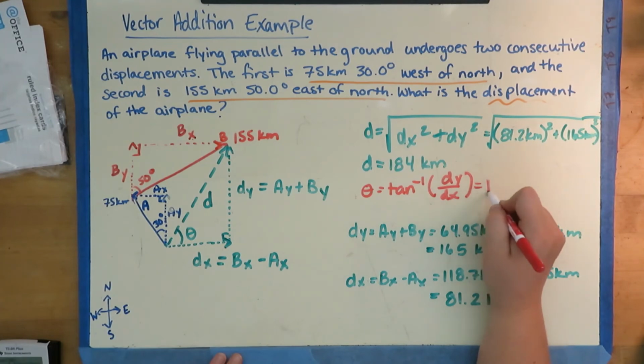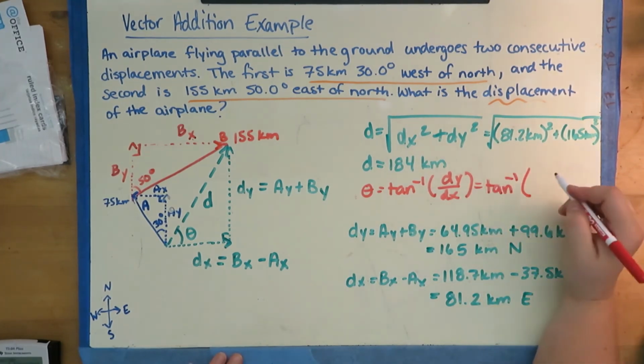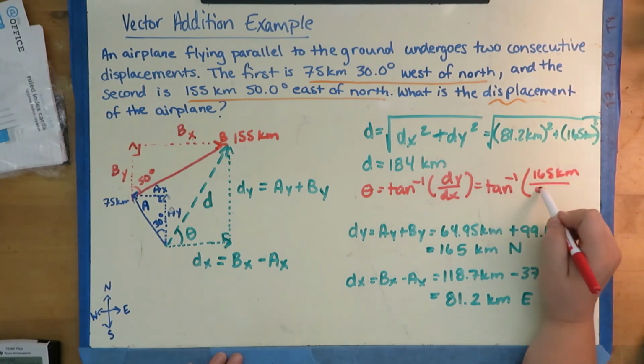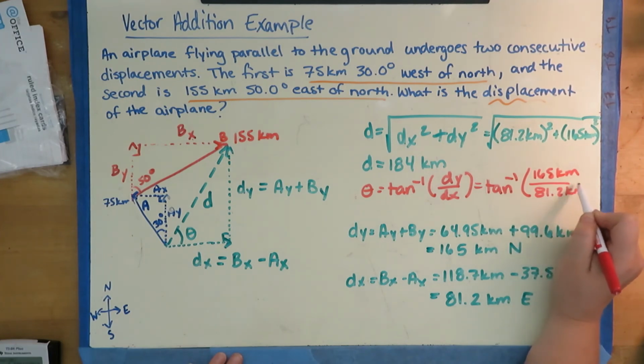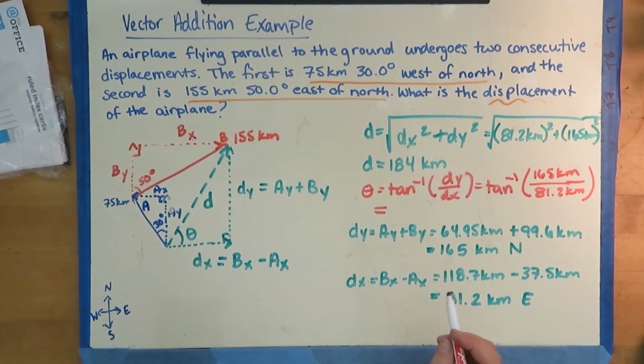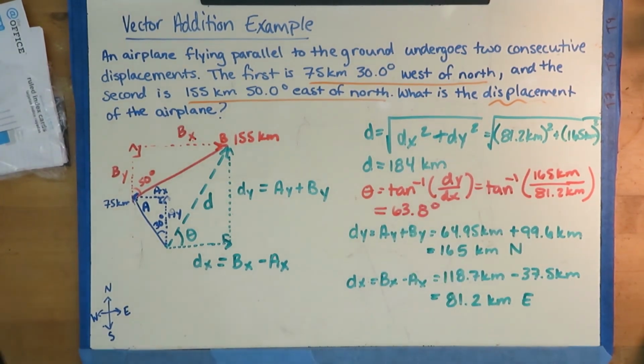So if I plug in dy over dx, I get 165 kilometers over 81.2 kilometers. Notice that the kilometers cancels out inside of that angle. And when you plug in those answers, you get an angle of about 63.8 degrees.